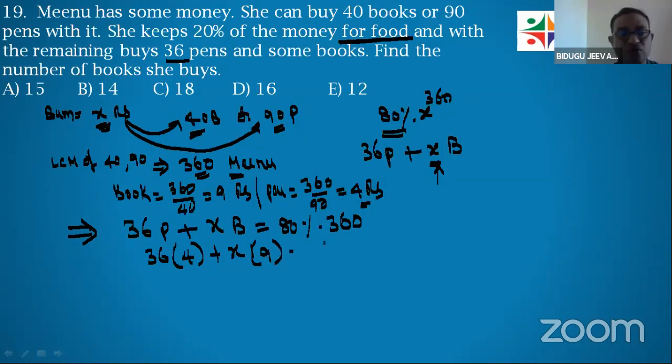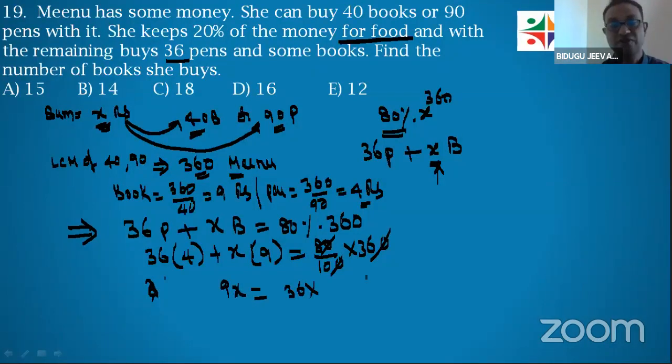So 9x is equal to 36 into 8 minus 36 into 4. So you need to multiply 36 into 4, because 8 minus 4. So 9x, 4s are there. X is equal to 16. What is the value of X? Number of books she buys. Answer is 16.